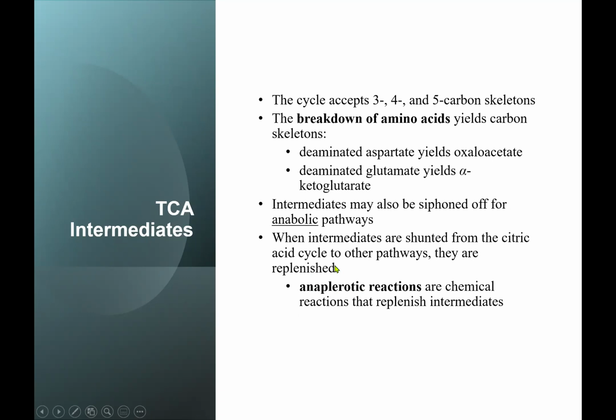So if intermediates are siphoned off or lost from the citric acid cycle, they are generally replenished. And the vocabulary term for that replenishment is anaplerotic reactions. These are chemical reactions that may replenish any intermediate that has been siphoned off.